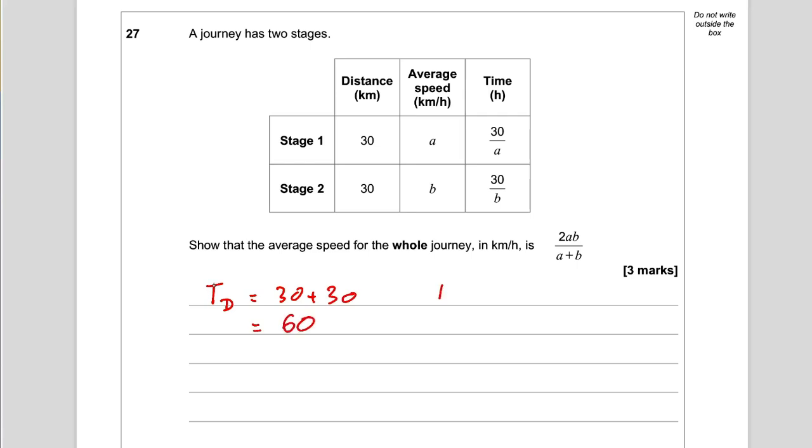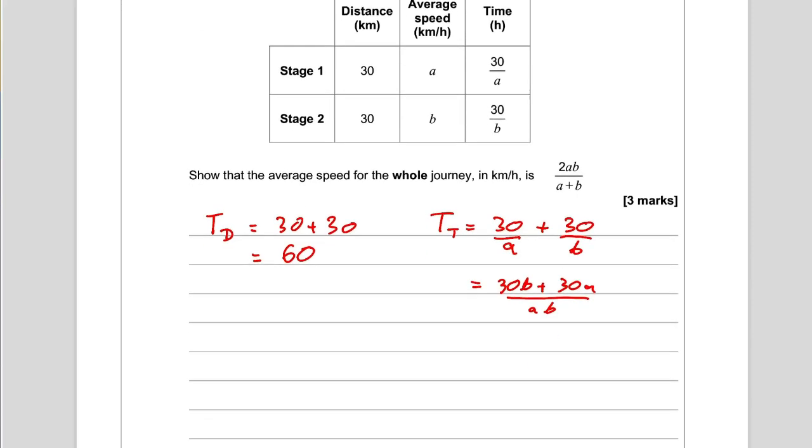The total time is going to be equal to 30 over A plus 30 over B. If I put them over the same denominator of AB, I'd need to times that by B, so that would be 30B plus 30A over AB. I can take 30 out as a common factor, 30 lots of A plus B, just tidying it up before I do anything with it.